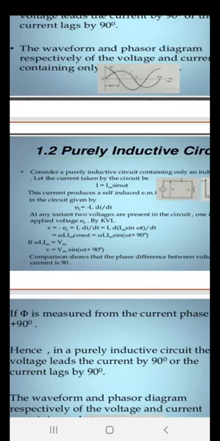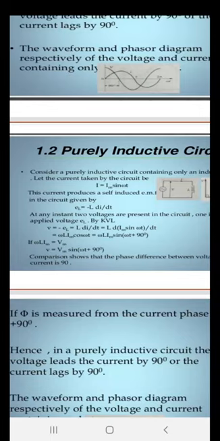Then the applied voltage equation will be v is equal to eL is equal to L di by dt. L is common, d in bracket Im sin omega t divided by dt. Then omega L Im cos omega t is equal to omega L Im sin of omega t plus 90. So omega L Im is equal to Vm.